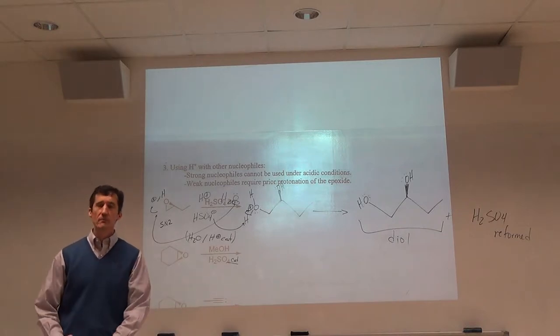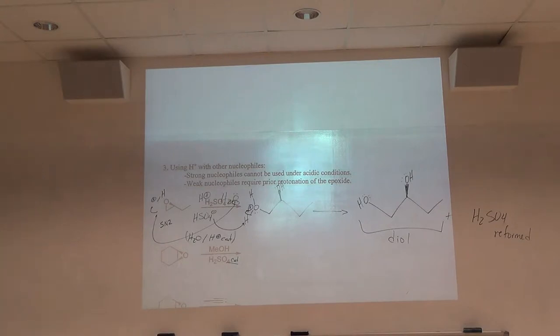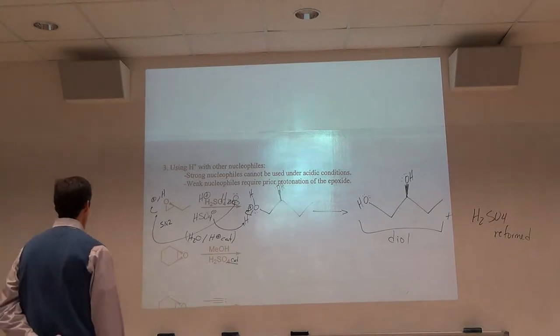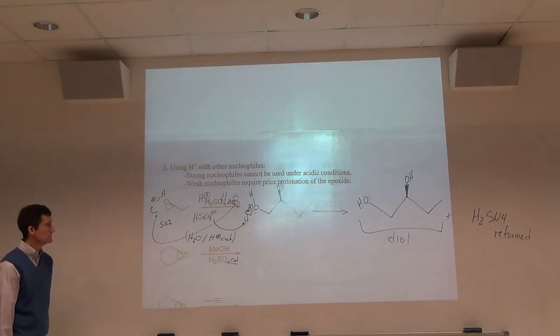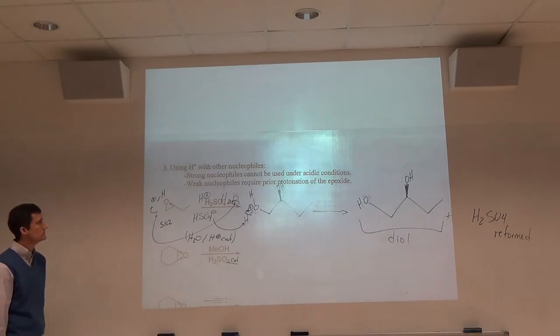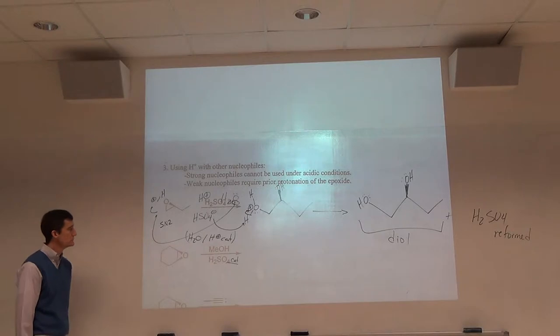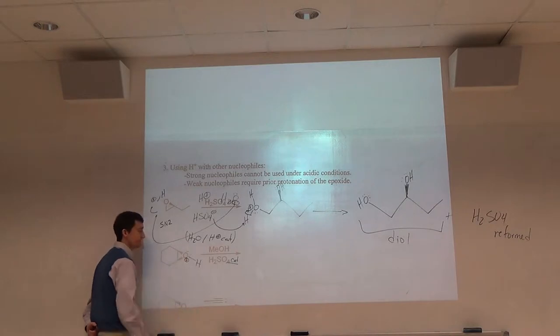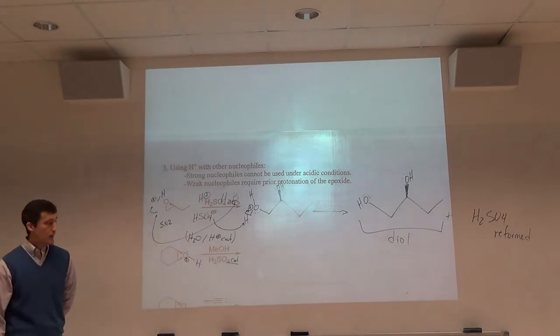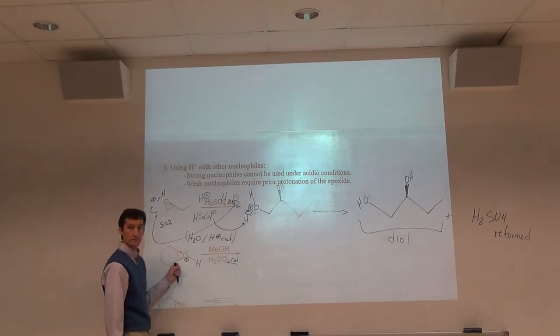So to predict the product, we use our mechanistic knowledge. We're under acidic conditions, so we're going to protonate something.